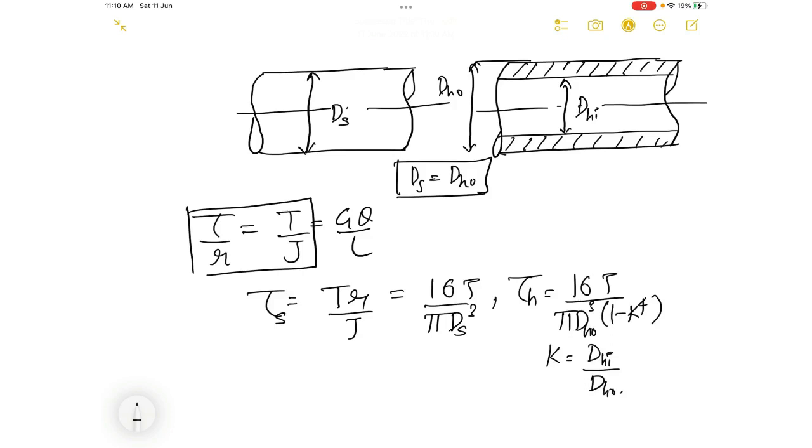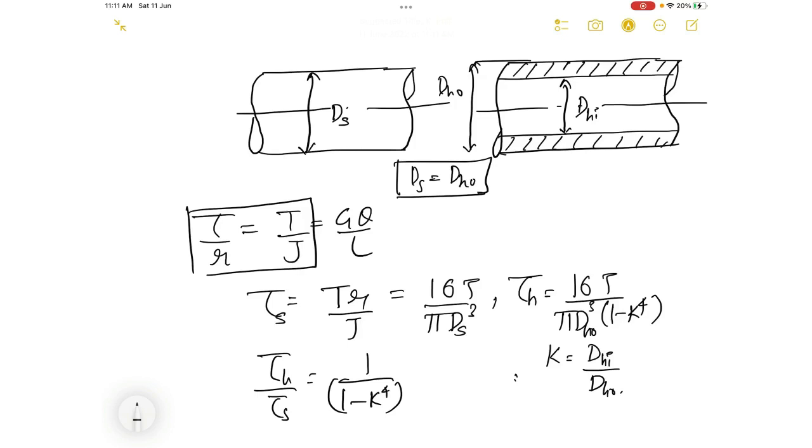Okay, now if we take the ratio of the two, what we get is this. So we might want to think from the value of k in order to arrive at what would be the stress in case of these two shafts. This value for k is going to be less than 1, so the denominator is less than 1.